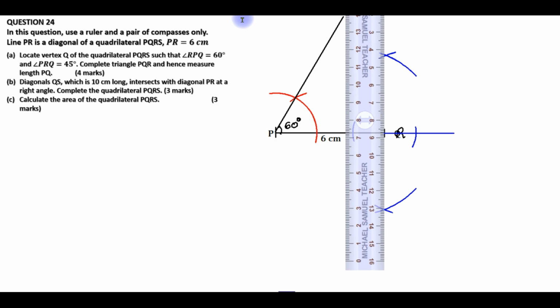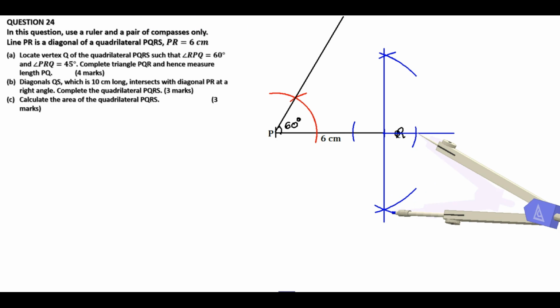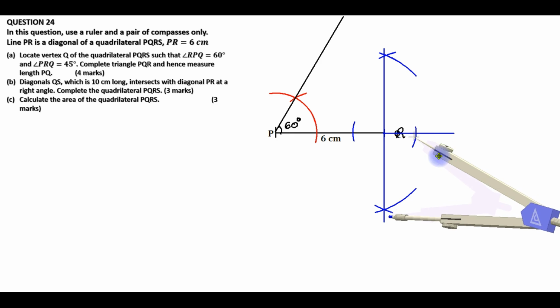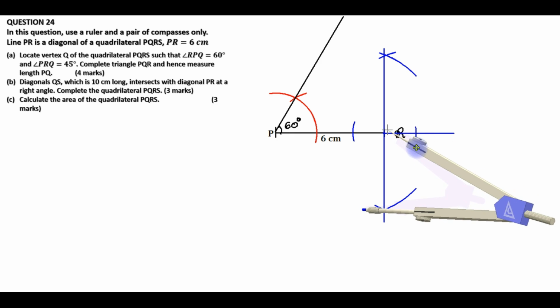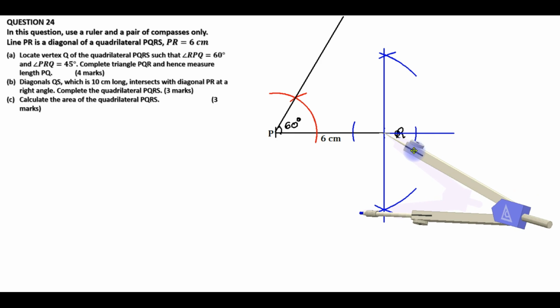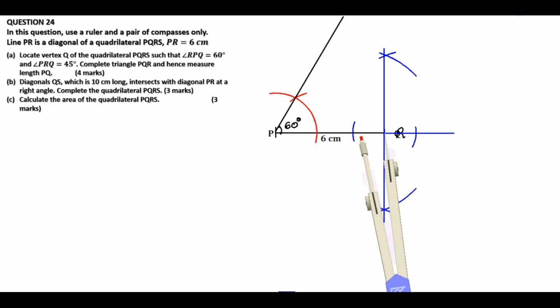So to the perpendicular line, that point. Once I do that, I take the compass again and then I now bisect the angle.